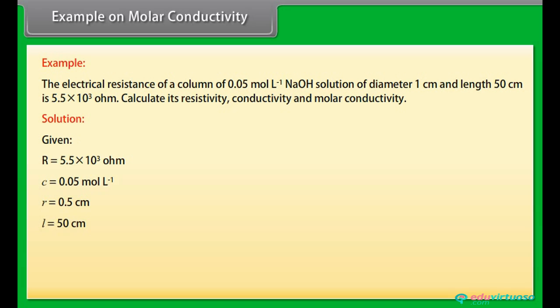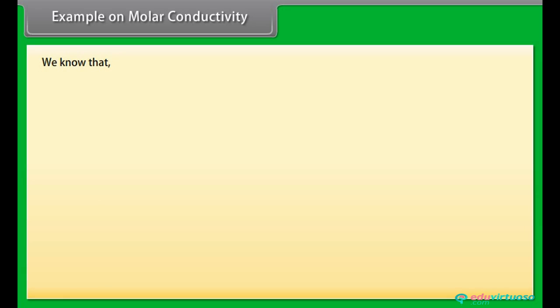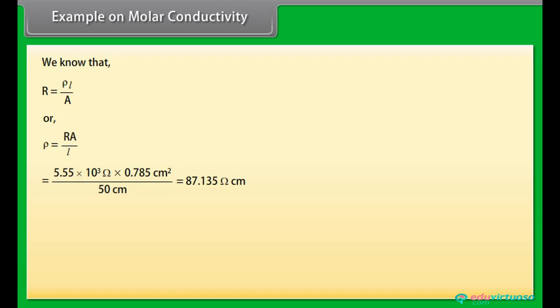We know that area is equal to πr². By putting the values we get area is equal to 0.785 centimeter square. We know that R = ρL/A. By putting the values we get resistivity is equal to 87.135 ohm centimeter. We know that conductivity is reciprocal of resistivity.